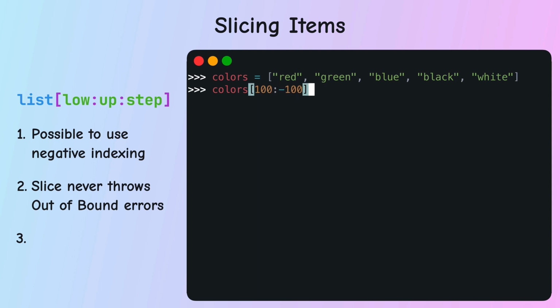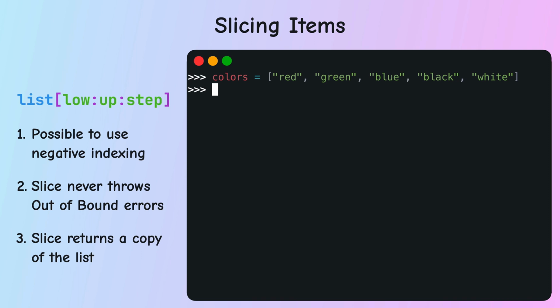If the argument doesn't make any sense or if it doesn't result in a proper range, the slice operation will gracefully give you an empty list without throwing an error. The third point is that the slice operation always returns the slice as a copy. So your original list is not changed when slicing.